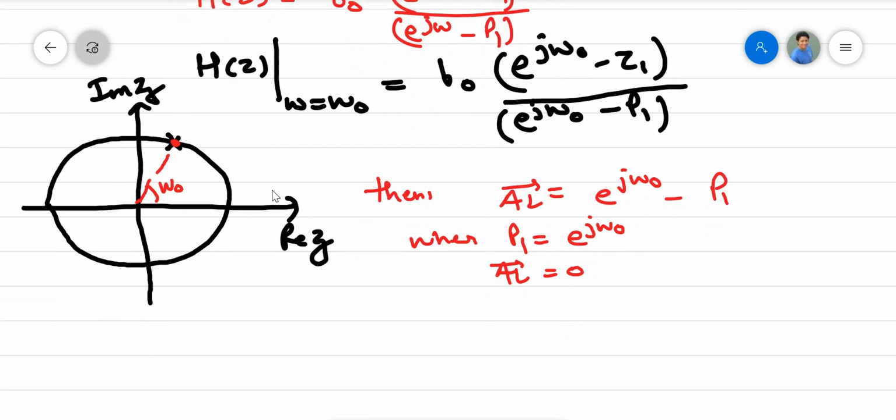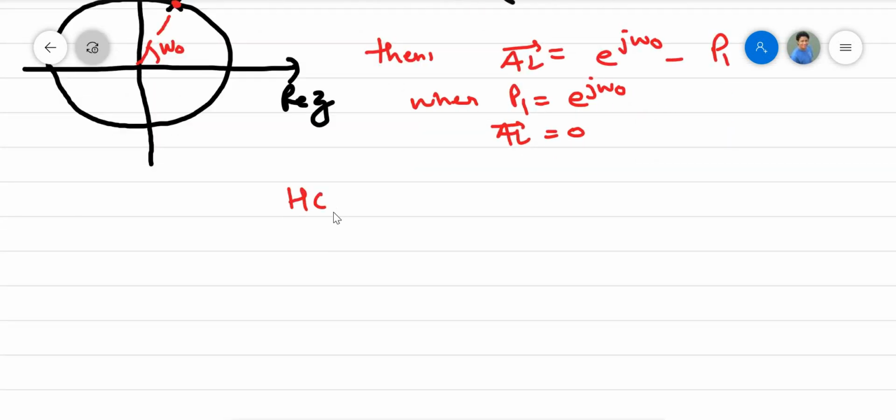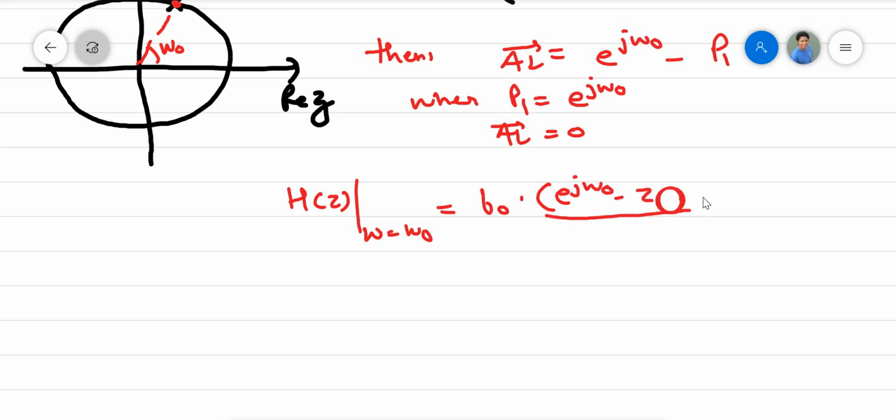Then H(z) at omega equal to omega naught is B naught exponential j omega naught minus z1 over exponential j omega naught minus p1, where this p1 is also exponential j omega naught, leading to this particular term going to 0 and this particular term going to infinity, right?